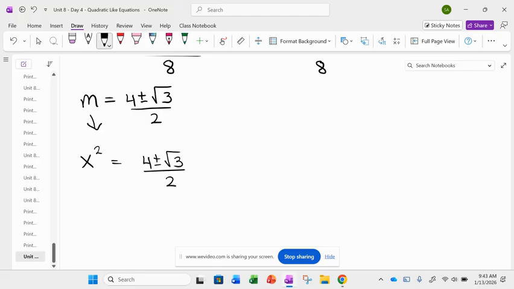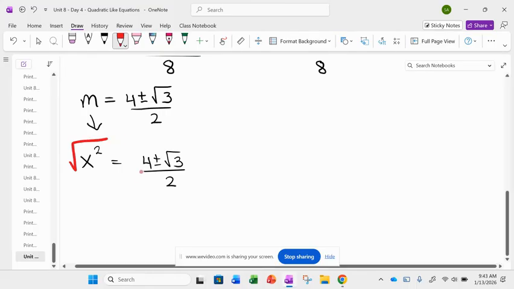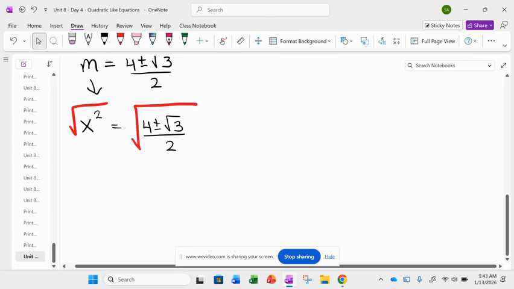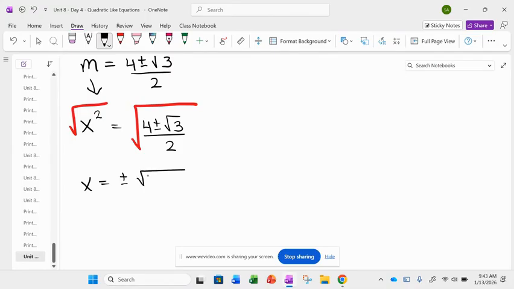And now when I go to take the square root, because I'm solving and taking the square root, what do we have to account for? Plus minus, very good. So now we're going to have x is equal to plus or minus the square root of 4 plus or minus the square root of 3 all over the square root of 2.